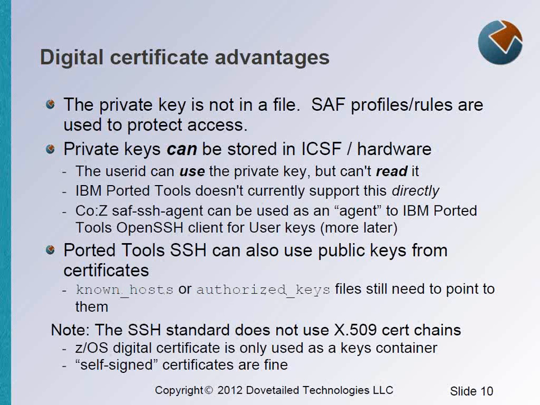You can have a pointer to a certificate that contains the public key. Now, to my mind, this isn't that exciting, because you still have these files that you need to protect, and you're just putting this level of indirection. It just doesn't have that big of a bang for the buck for me. So we're not going to cover that in this presentation.